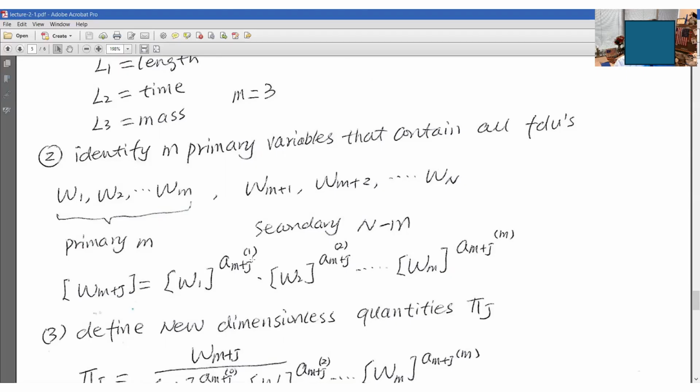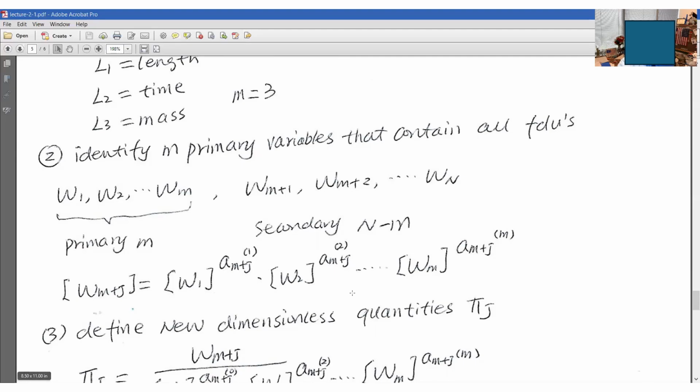So here is the power, this exponent, and this exponent. This exponent can be 0, can be 1, can be any kind of number. If this one equals 0, that means this guy has nothing to do with W1. You should know that.